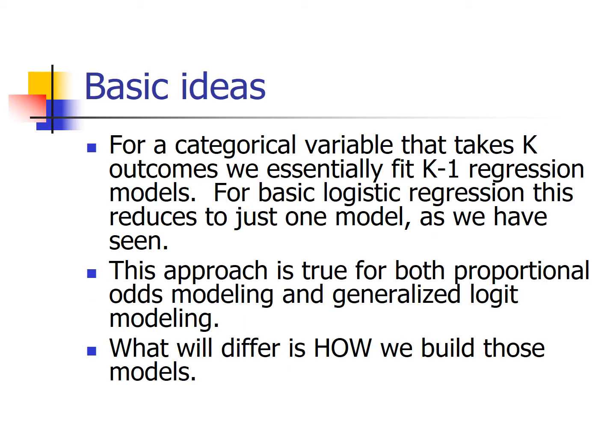So the basic idea is this: for a categorical variable that takes k outcomes, and we've never done anything quite like this before, we essentially fit k-1 regression equations. We've always just fit a single regression equation, both in 512 and in ordinary logistic regression. However, if we have a y variable that has five outcomes, we need to fit 4 regression equations.